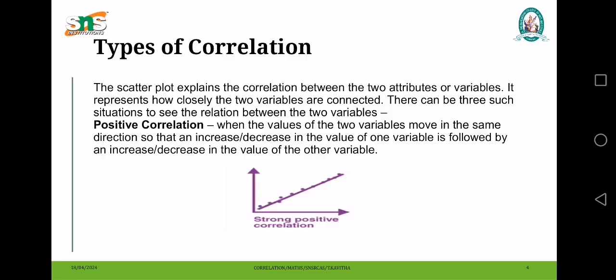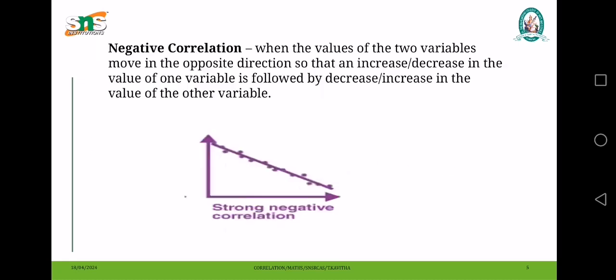Types of correlation. The scatter plot explains the correlation between the two attributes or variables. It represents how closely the two variables are connected. There can be three such situations to see the relation between two variables. Positive correlation: when the values of the two variables move in the same direction, so that an increase or decrease in the value of one variable is followed by an increase or decrease in the value of the other variable.